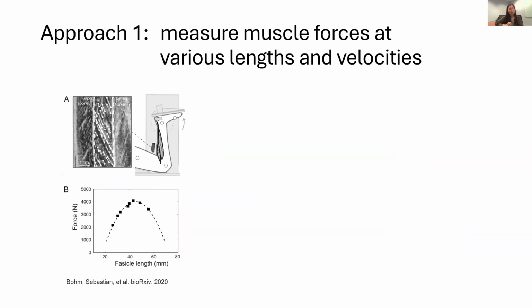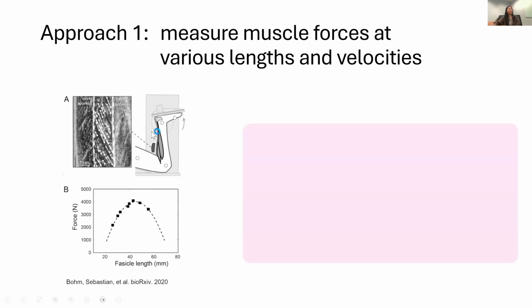There are roughly two types of approaches in estimating muscle force. I will talk about the conventional, more commonly used way first before moving on to our biophysical muscle model. Approach one is that we can measure muscle forces at various lengths and velocities and use that relationship to calculate the muscle force.